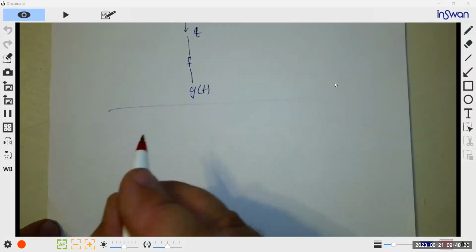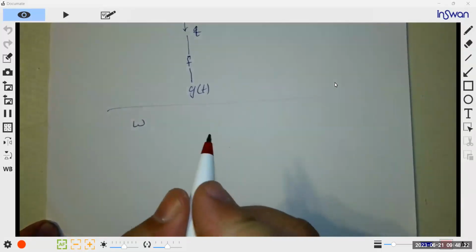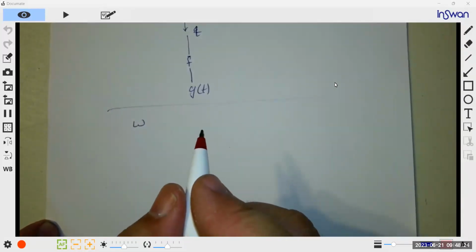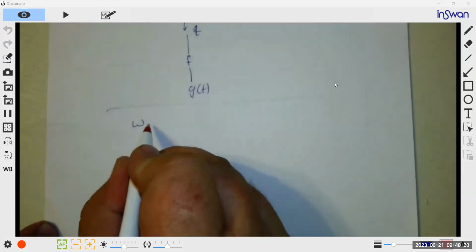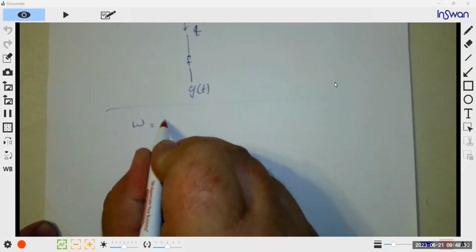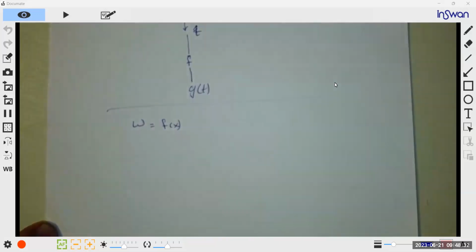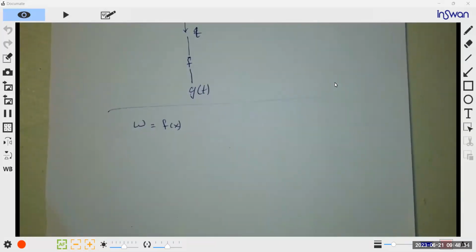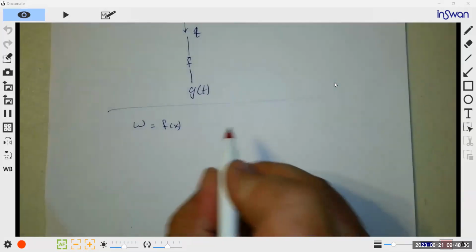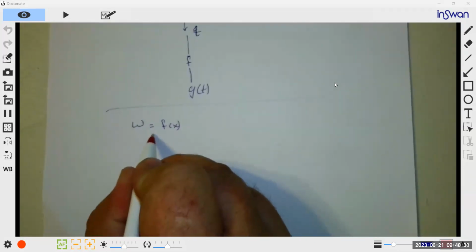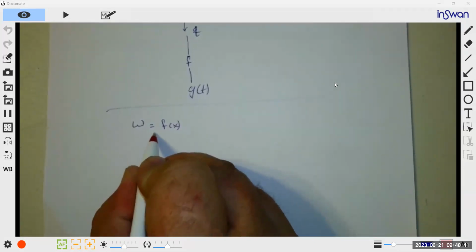All right, so whenever we deal with multiple variable equations, we use w. So just get used to it. Here's the first one with only one variable. So we start with our function.